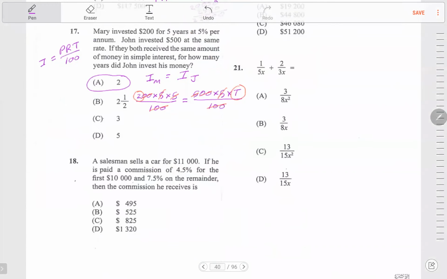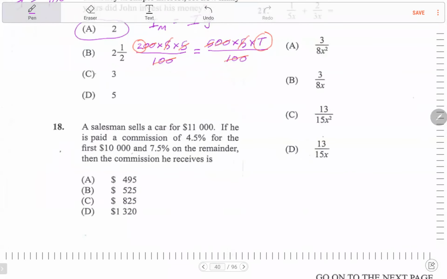Next question says, a salesperson sells a car for $11,000. He pays a commission. If he is paid a commission of 4.5% for the first 10,000 and then 7.5% for the remainder, then what is his commission?